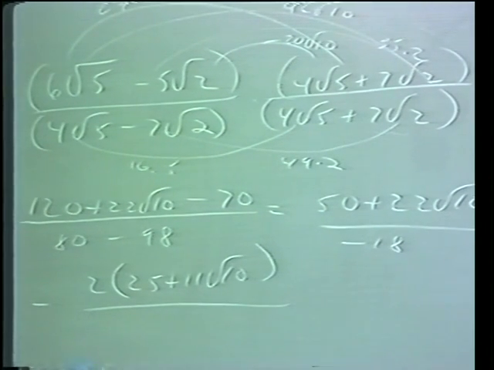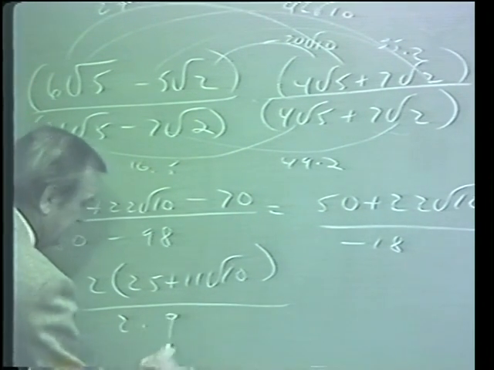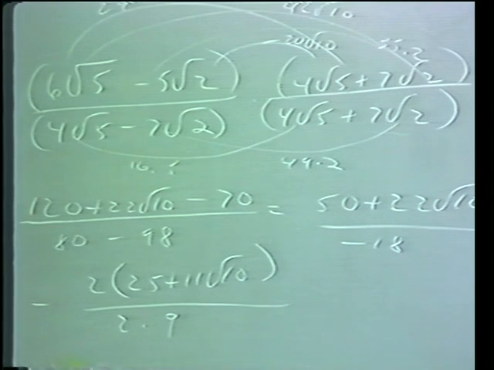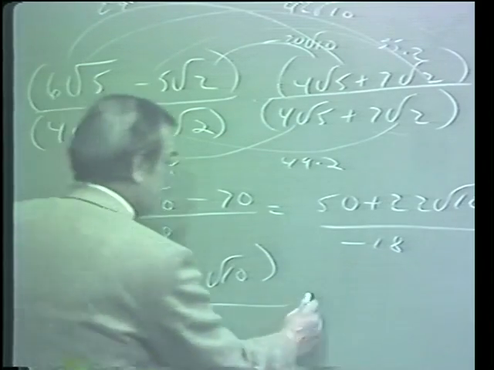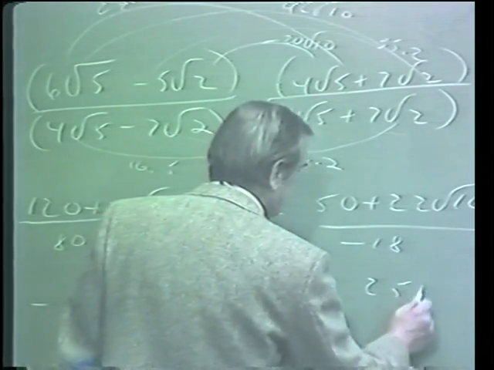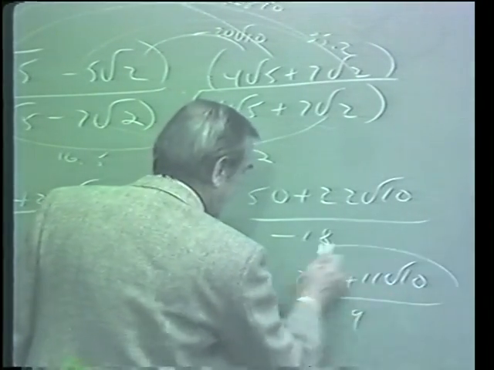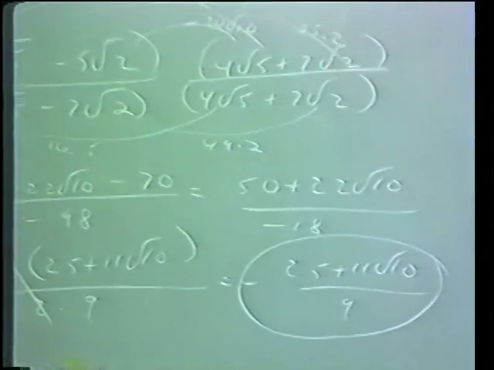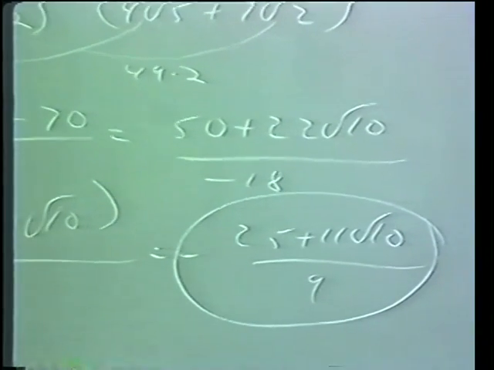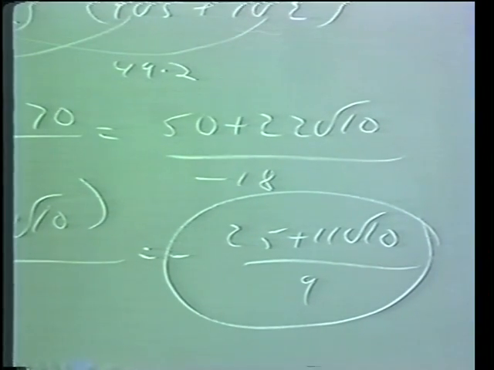Well, 18 is 2 times 9. Notice what happens here. The 2's cancel, and our answer is negative 25 plus 11 square roots of 10 all over 9. Okay? Any questions on that?